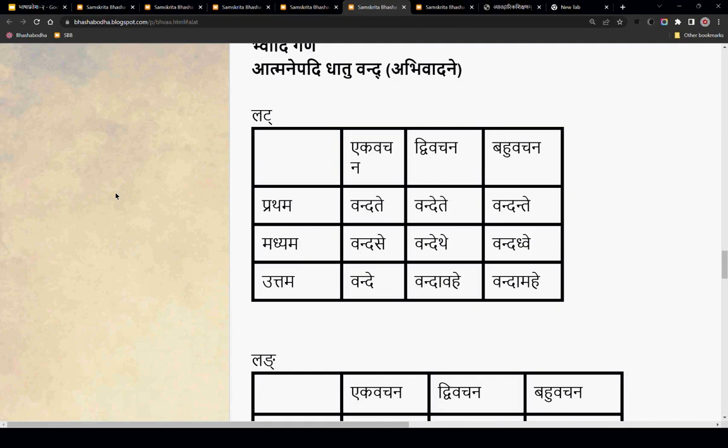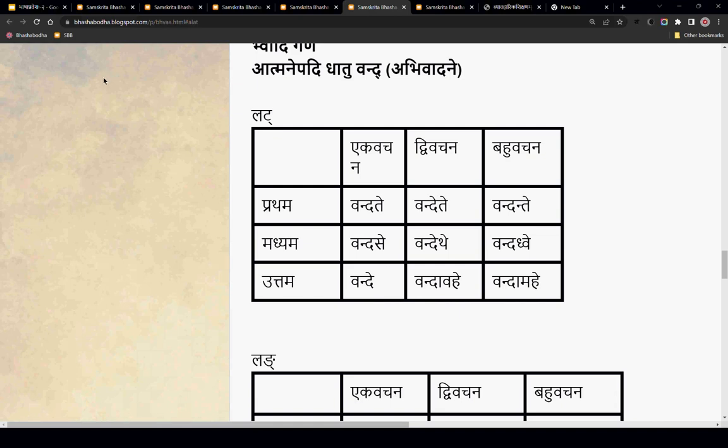Karmani Prayoga we'll see later; they all take the atmanepadi form. We'll see that when we come to the Karmani Prayoga topic. Right now we are using Kartari Prayoga only. These are all active voice, not passive voice. I am doing, I am saluting, I am going.